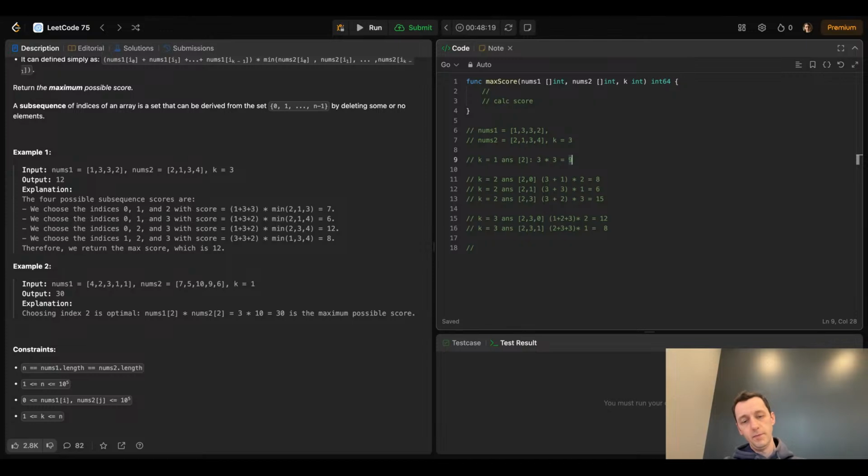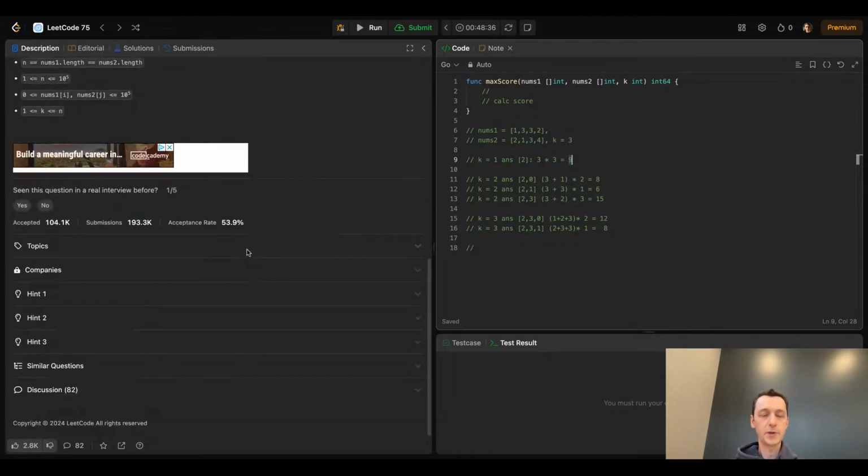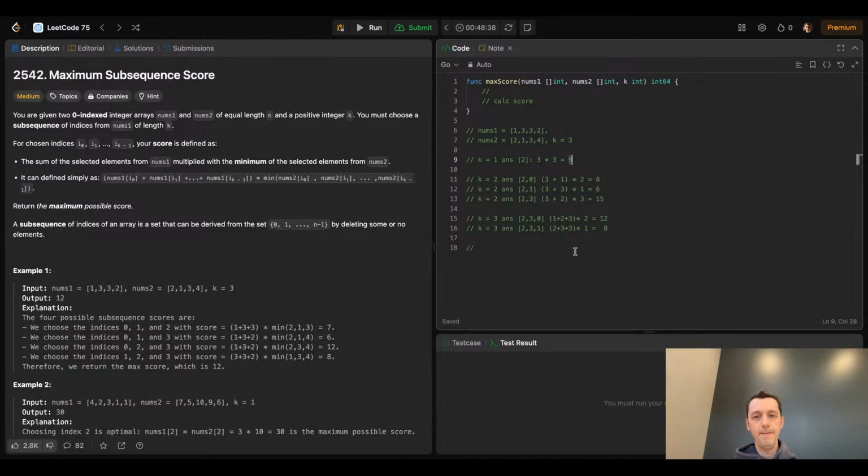So it's k times we iterate n, and that's pretty much n squared. So there's probably a more interesting solution here.